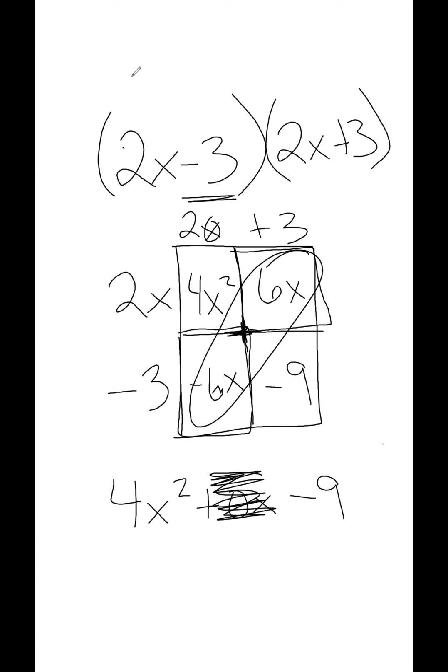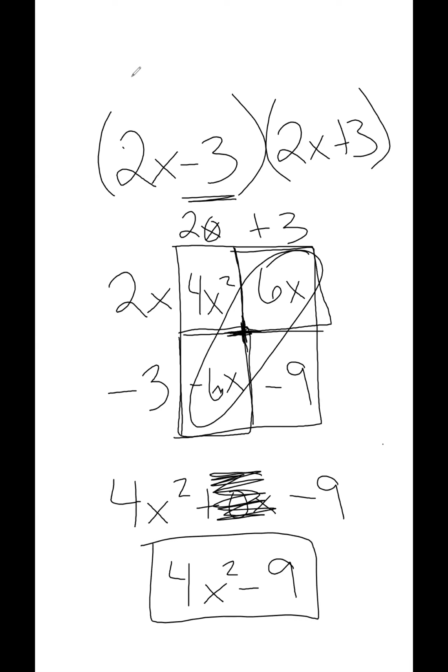If there's nothing there, we leave it out. And that is an answer choice for this one. So that one's a little different because they canceled each other out. 6 minus 6 is 0, so it went away. We just squeezed together the 4x squared minus 9.